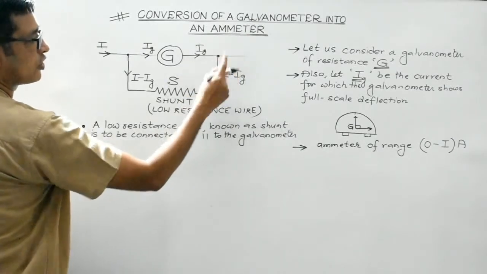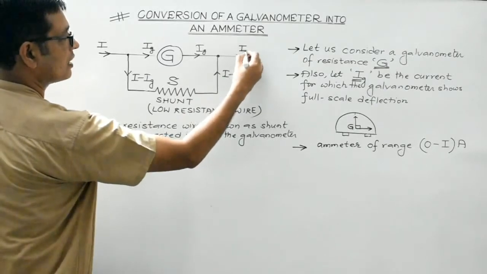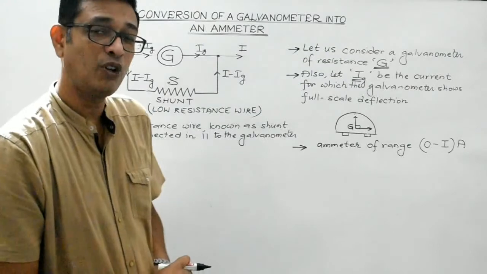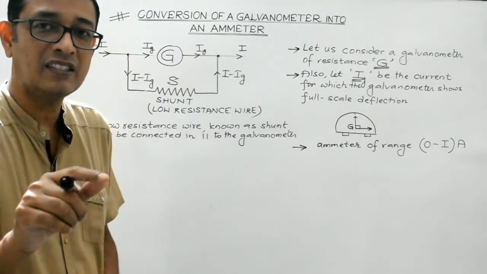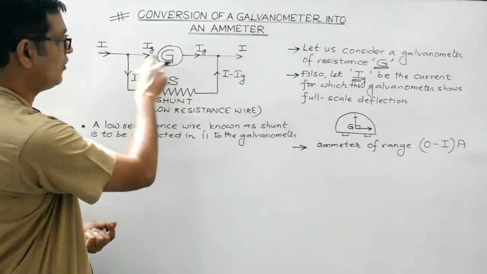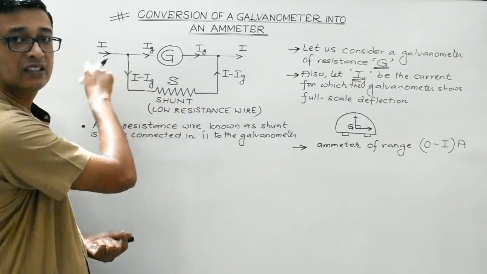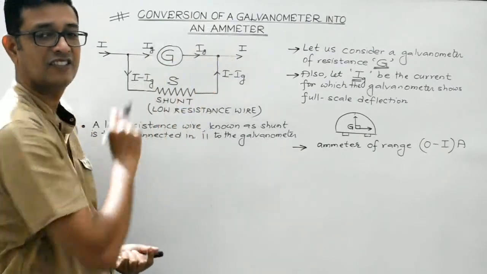So applying junction rule, these two currents will combine together, and the current coming out of this junction will again become I. So second point is, students, the value of the shunt, that is capital S, is to be chosen in such a manner that a safe value of current flows through the galvanometer, and the rest of the current from the main circuit, that is I minus Ig in this case, flows through the shunt.